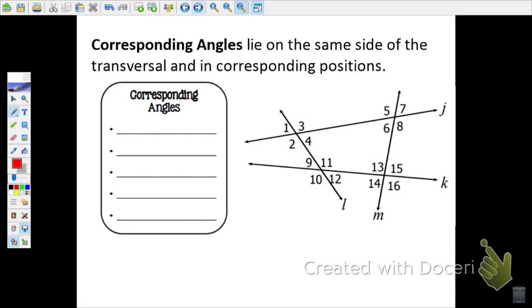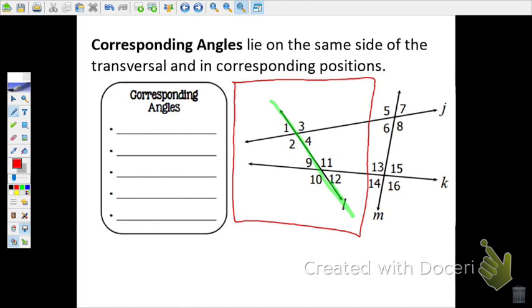We don't have to name all of the different pairs, so we're going to focus in on just one of those transversals. We are going to use L as the transversal. So basically we are just looking at the left half of that diagram.